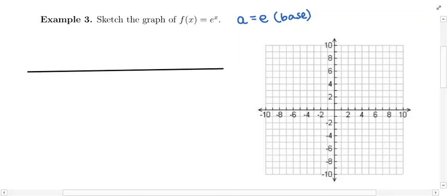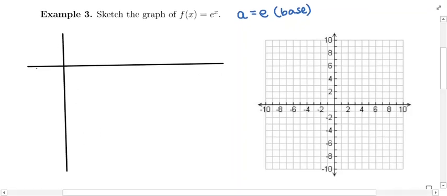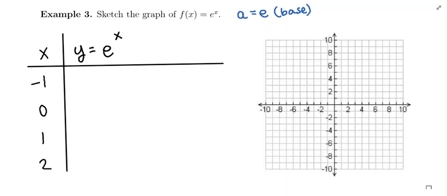Again, we're going to pick our same kind of x values that we've been picking. I won't pick as many. I'll pick -1, 0, 1, and 2. We're going to take each one of these x values and plug into the function e to the x. We're going to get decimal answers. We're going to have to use our calculator here. So we'll get approximate y values, and then we'll just have to eyeball the points that we plot.